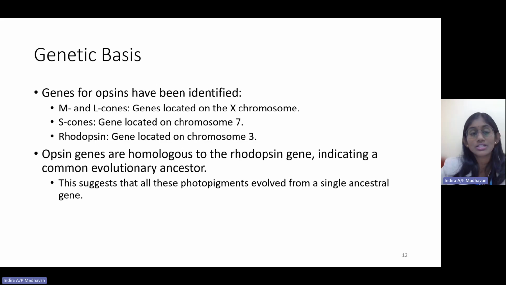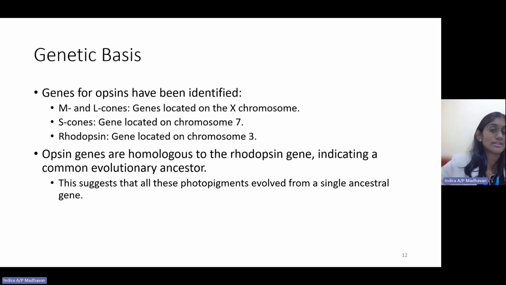The rods' genes are located on chromosome 3. So only the M and L cones, the medium and long, or the green and red cones, are the ones carried from one generation to another.